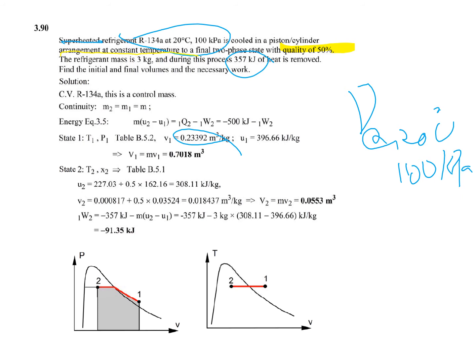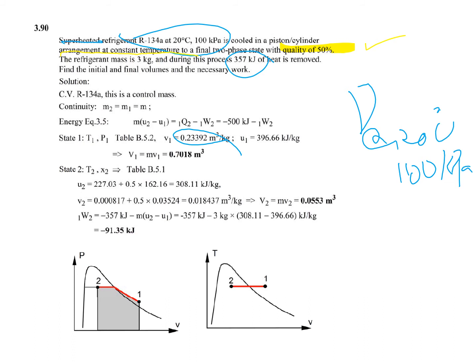We will go straight to the saturated tables of R134A, find the internal energies, and use the equation U is equal to UF plus X UFG. We already have the value of X given in the statement, so we can directly use it. We then use the work energy principle and find the total amount of work that has been done.